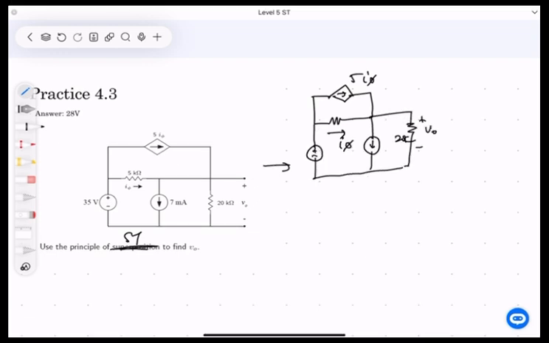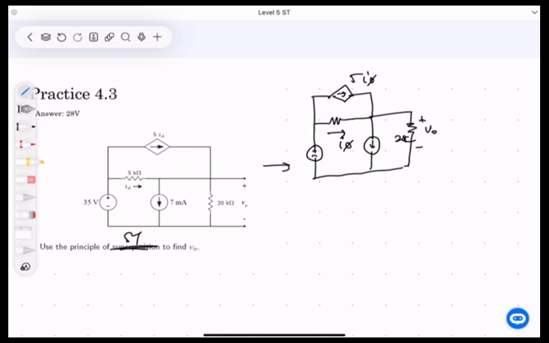Now the next bit I want to do is the first source transformation, because remember, source transformation first is you do anything that's obvious. Obviously there's nothing in series that I can solve, or anything in parallel that I can solve. So I know that I have to do transformation.